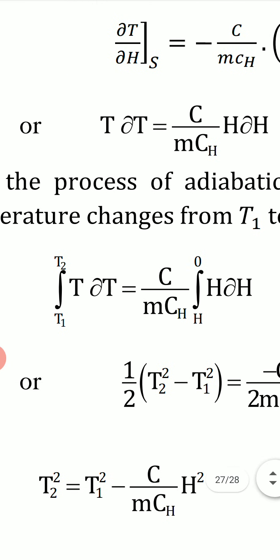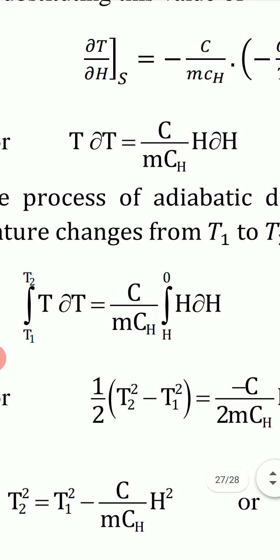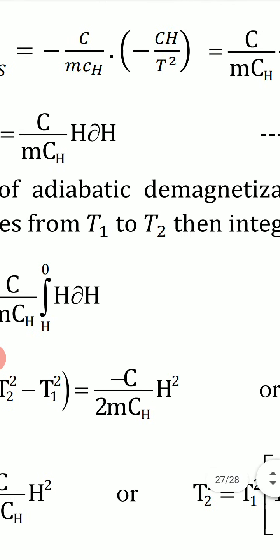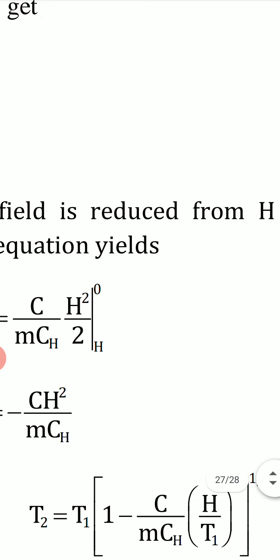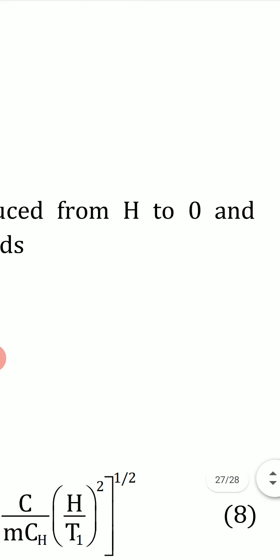Now integrate this equation. In the process of adiabatic demagnetization, the magnetic field is reduced from H to 0. We are demagnetizing the substance. The magnetic field is removed.